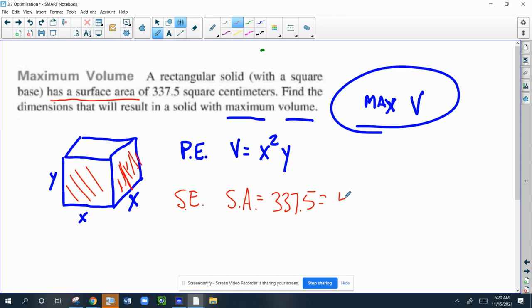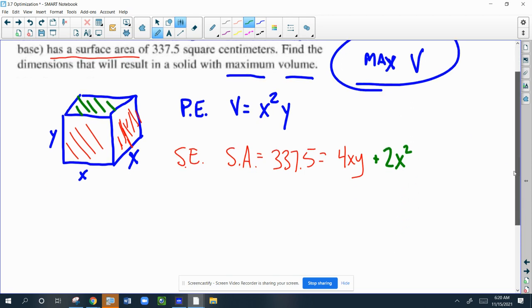So there's four of them. And then we look at the top and the bottom of the box for the other two sides. They both have an area of x times x, or x squared for each. So we just summed up all six areas of the box.